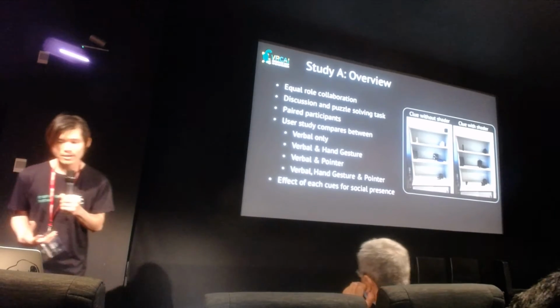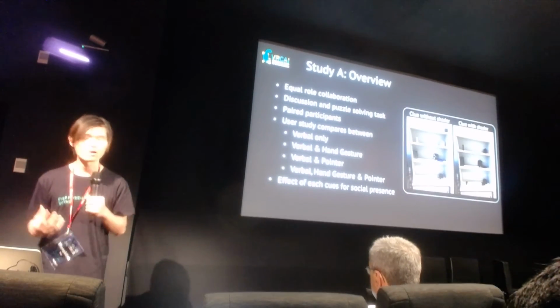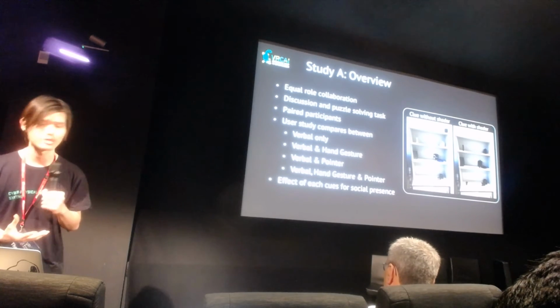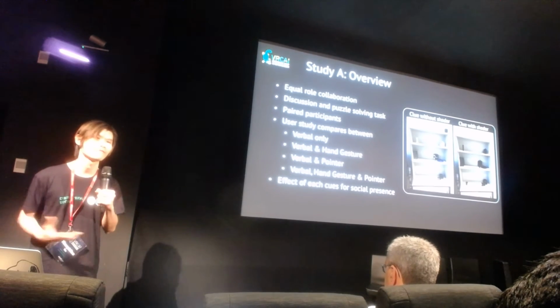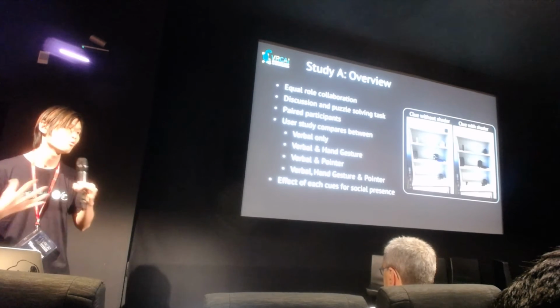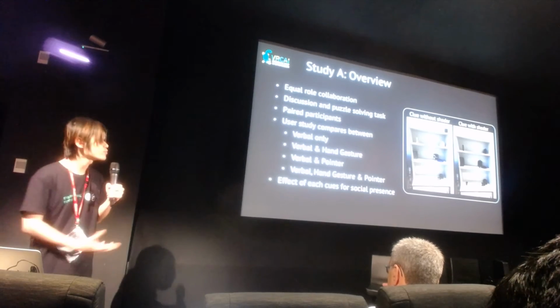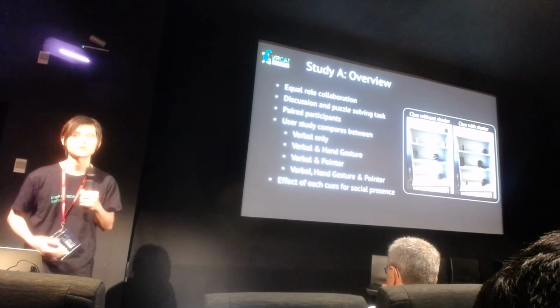For the first study, we recruited tasks in equal role collaboration. For those who don't know, equal role collaboration means that both local and remote users engage and discuss working on a task they don't know the solution to. So we set a discussion task of puzzle solving.